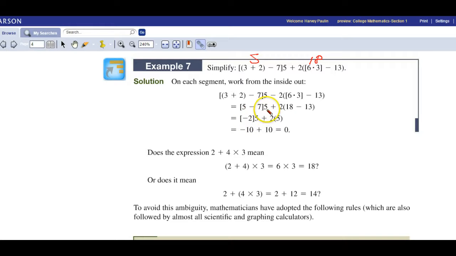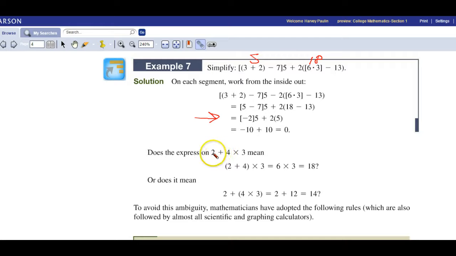And there's a 5 still. But we're working inside the grouping symbols. Here this was an 18 minus 3, which is a 5. So now when you get it down to this stage, it's not too bad. So this is a negative 10, this is a positive 10, and then this is a 0.